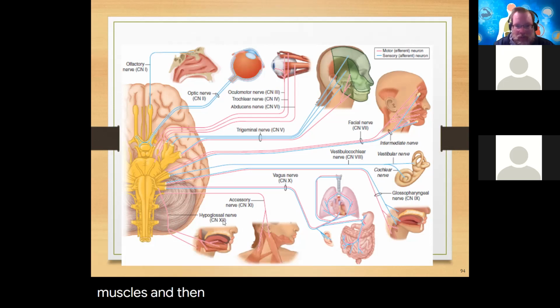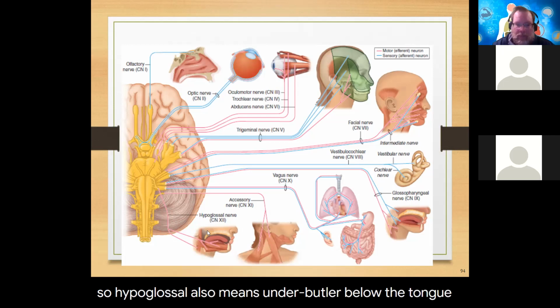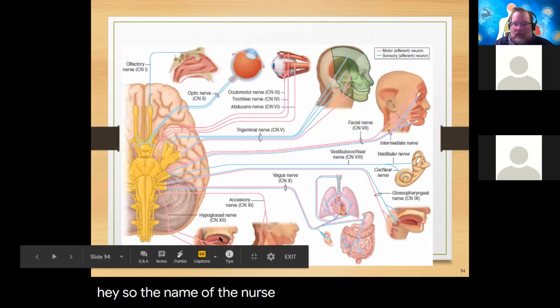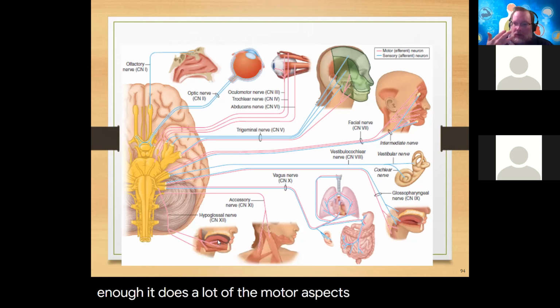And then lastly, the 12th pair we call hypoglossal. So we see glosso again, glosso means tongue. So hypoglossal means under or below the tongue. So the name of the nerve tells us a lot about it. And sure enough, it does a lot of the motor aspects of your tongue.